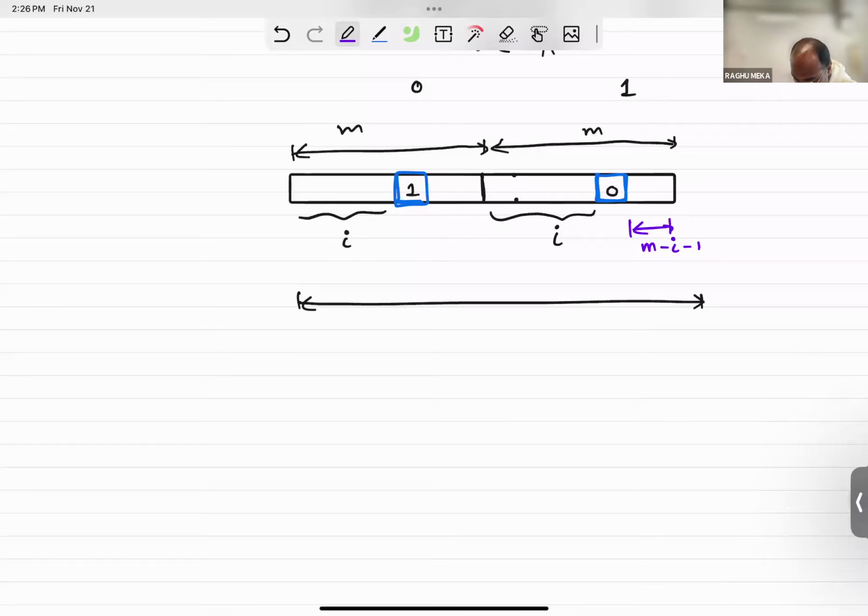Again, forget the border cases for now. That is totally fine. If I move I paces here, what happens?